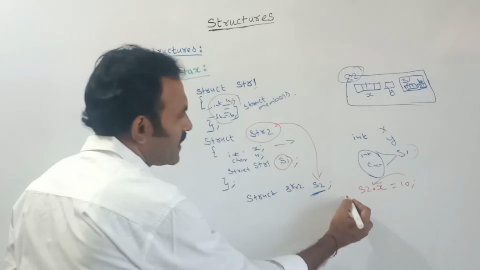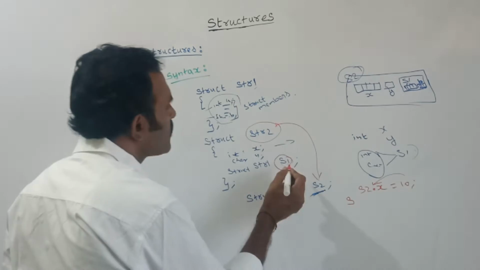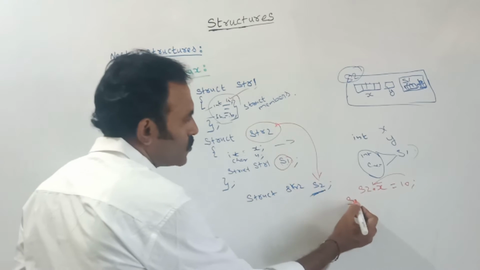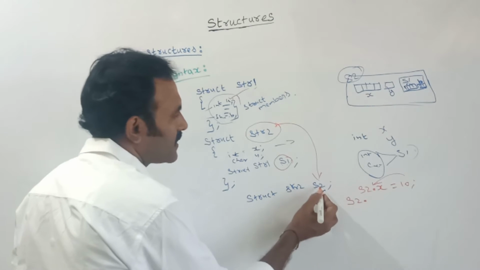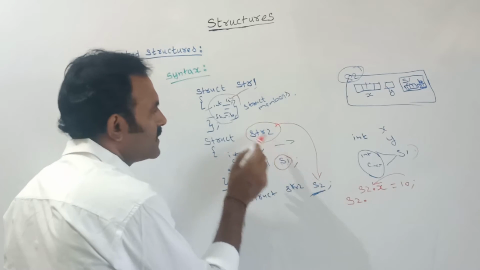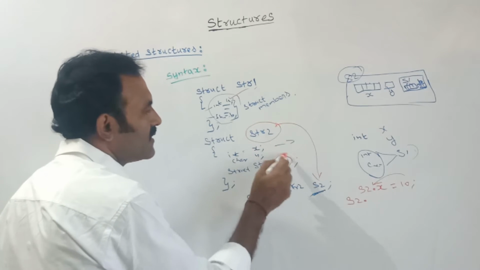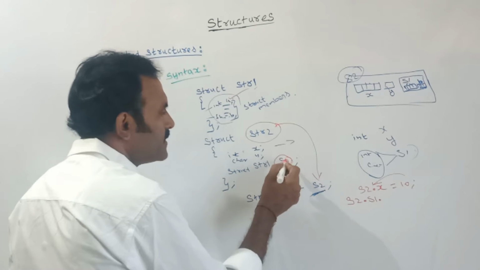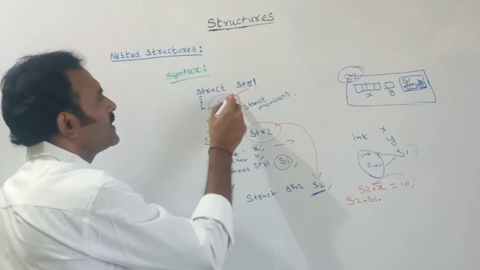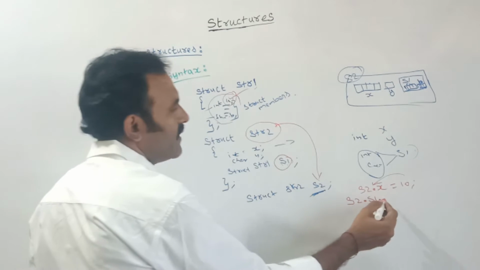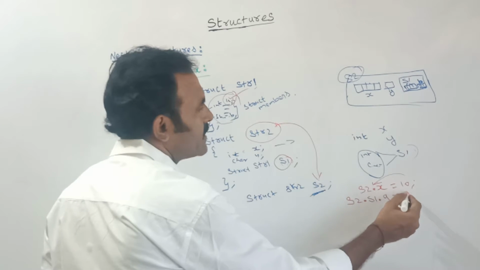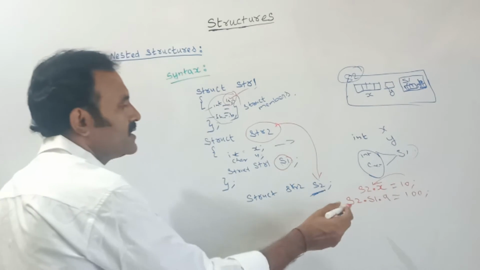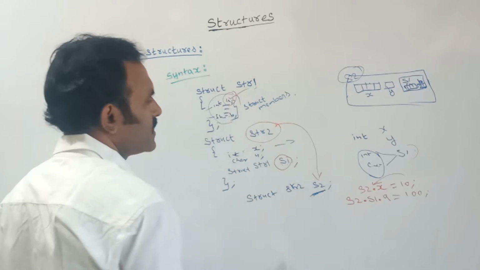For example, if I want to store a value for A, then first S2, next dot, after that inside this structure S2, this structure variable name is S1, next dot, inside this structure variable S1, I am going to store the value for A. So A is equal to, suppose I am giving 100, then the 100 will be stored to this first structure member.